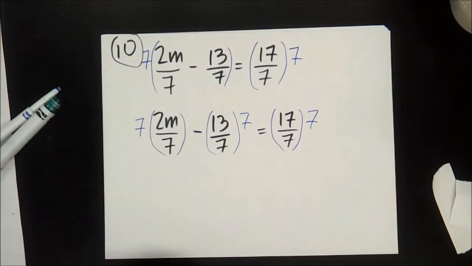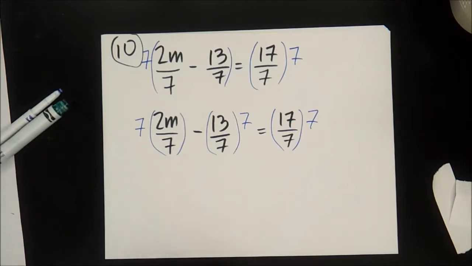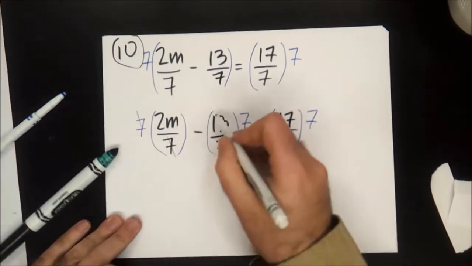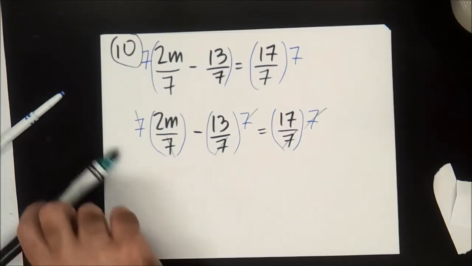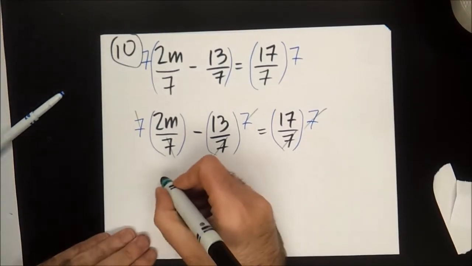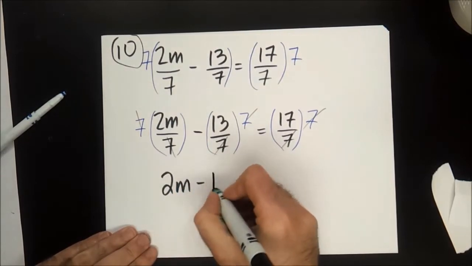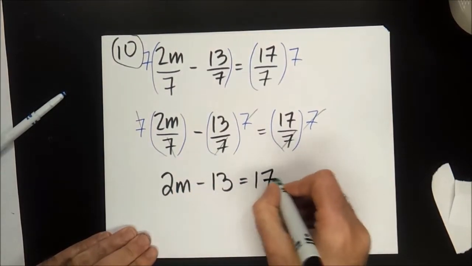Now I can cancel out my denominator with my newly multiplied by 7. Perfect. All that's left is 2m minus 13 equals to 17.